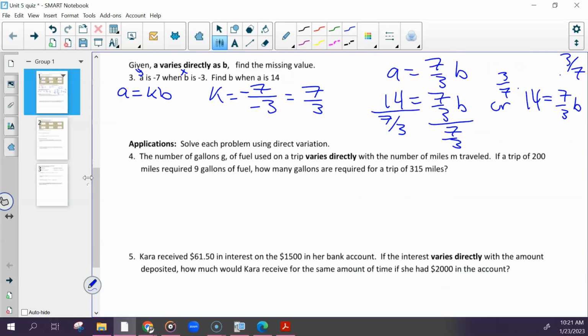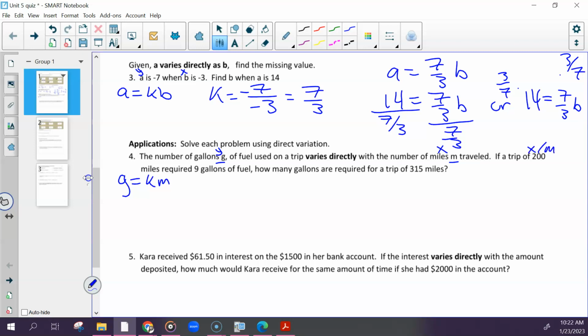Four was similar. We are given original variables, g and m. You could still say g is like your y, m is like your x, but when you write your equation, it needs to have g and m, not y and x. So g equals km would be our original equation. Use the numbers given, so 200 miles would be like our x or our m.